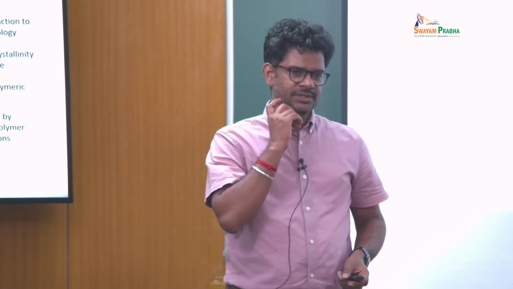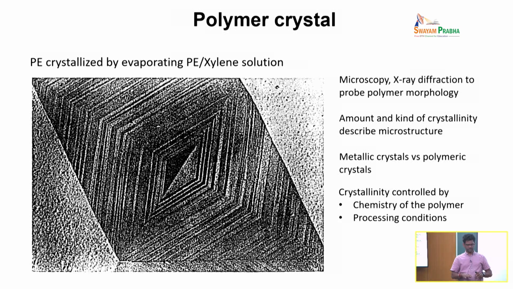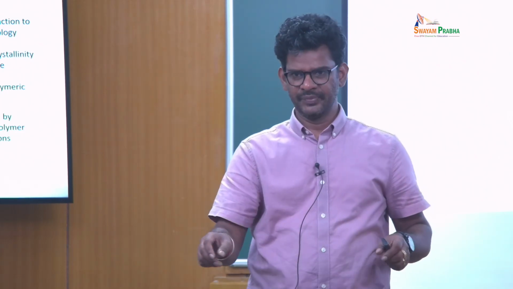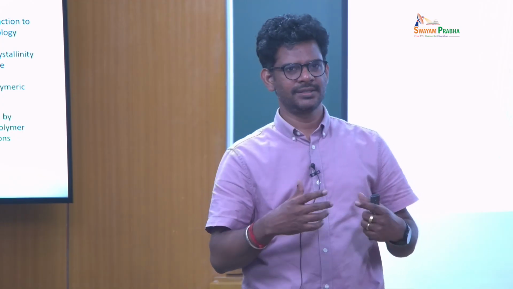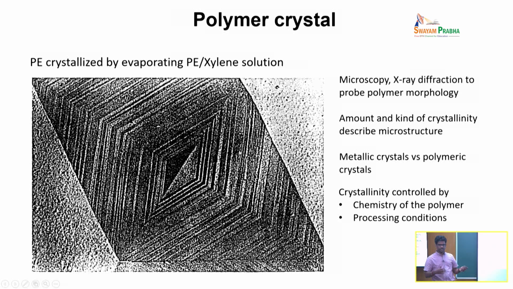Now, if you think about a simple polymer like polyethylene, and you try to make a small film, maybe take polyethylene, put it in some solvent, you get a polymer solution, and then you cast it into a film. If you look at the film structure using some microscopic technique, like this transmission electron microscope image, you see that the structure indicates some sort of crystalline structure. You would see this kind of structure when you make a small film of a metal.